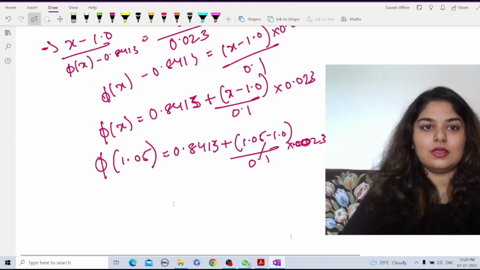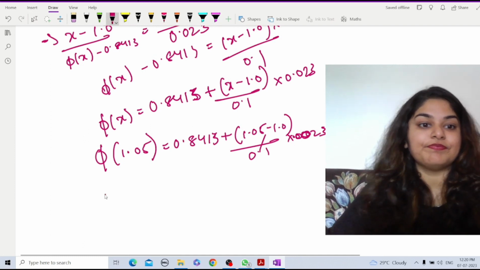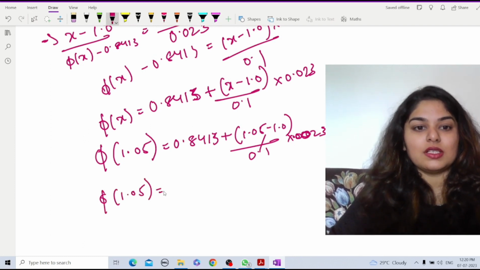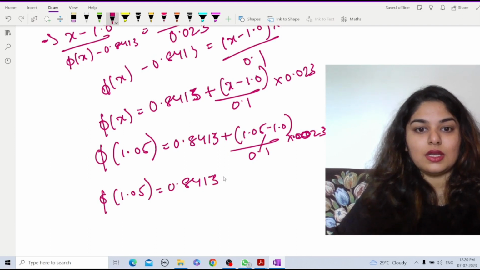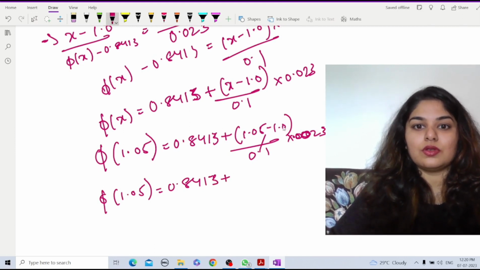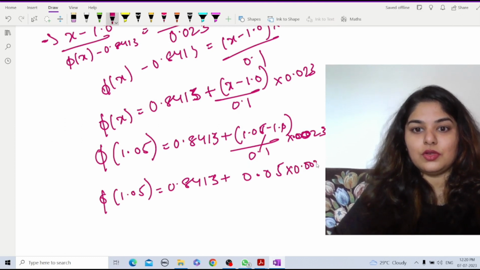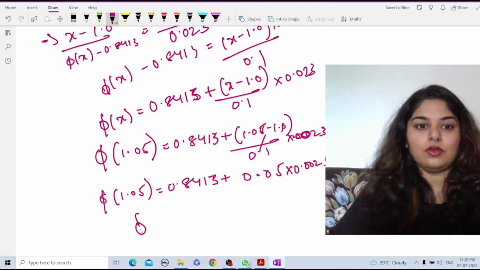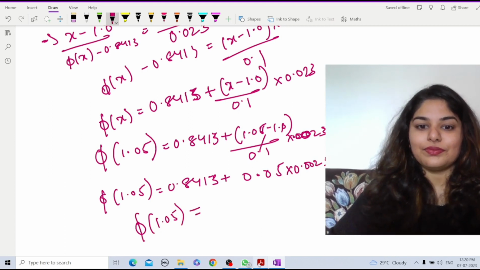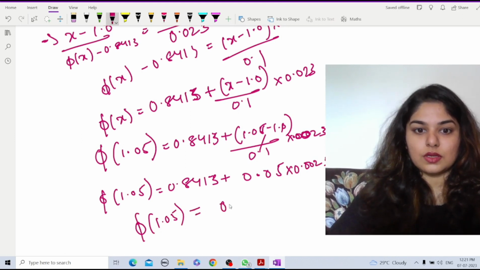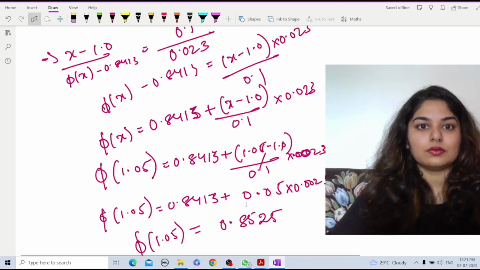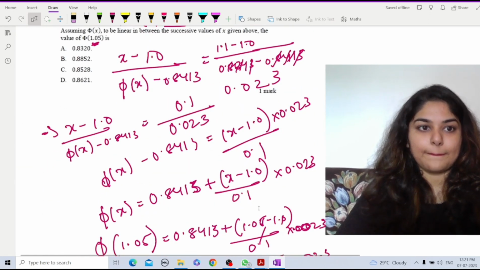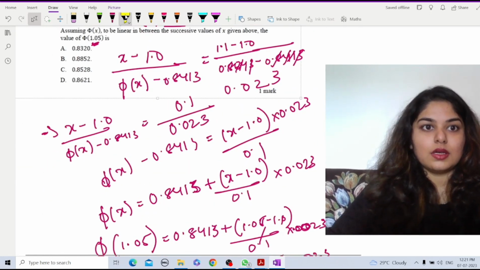So phi of 1.05 is equal to 0.8413 plus 0.5 into 0.0023. Okay, so if we calculate, then the answer will be 0.8525. That is option C.